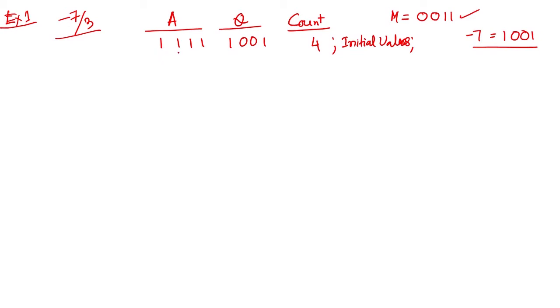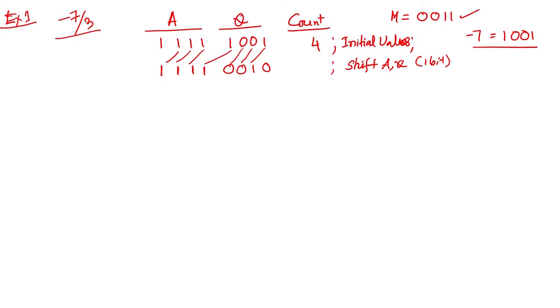Therefore, this one will come here, this one will come here, this one will come here, this one will come here, this will be 0, this will be 0, this will be 1, this will be 0. So this is what is called shift AQ 1 bit.